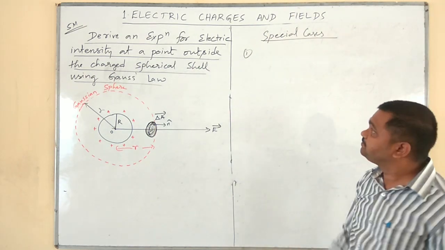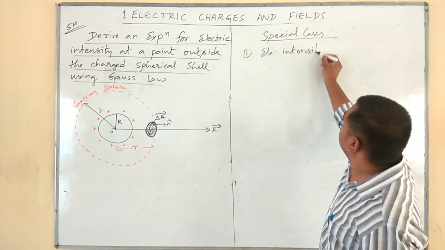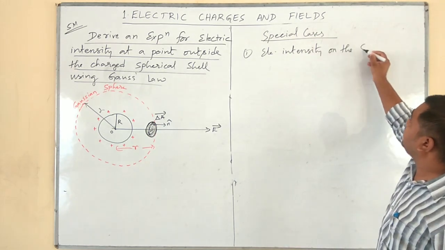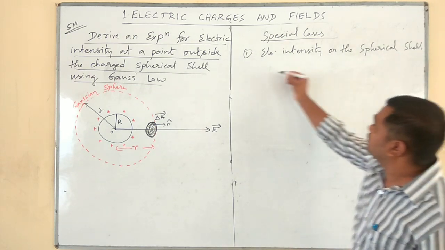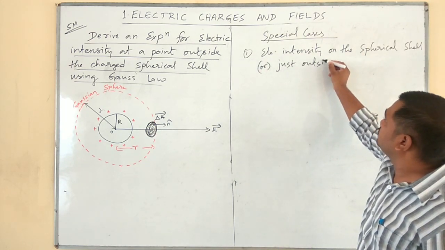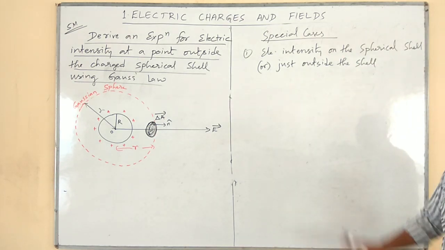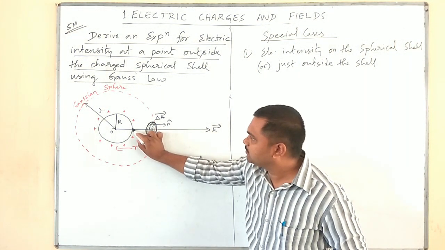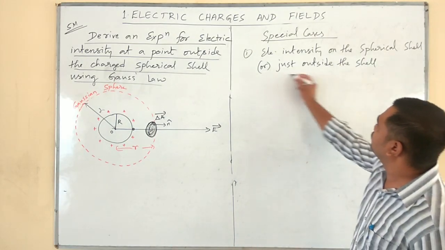Special case number 1: electric intensity on the spherical shell or just outside the shell. What is the meaning of that word just outside? Just outside means here. It is nothing but on the surface of the sphere.